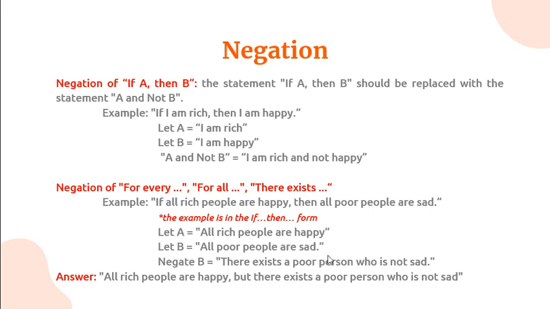You can actually use a different term, there exists, or for all, or for every, in place of there exists. It can be replaced, no? So this one will become: all rich people are happy, but there exists a poor person who is not sad.